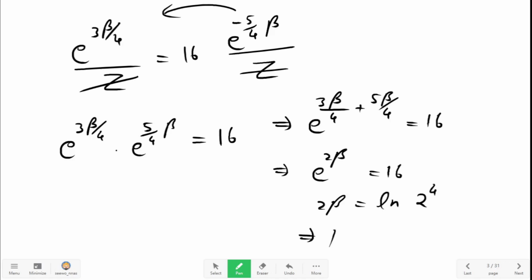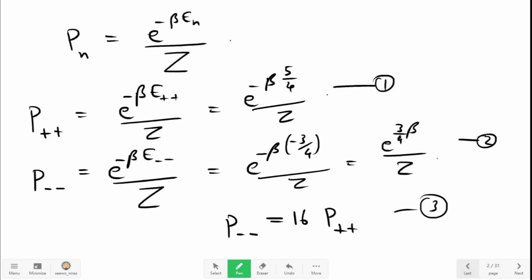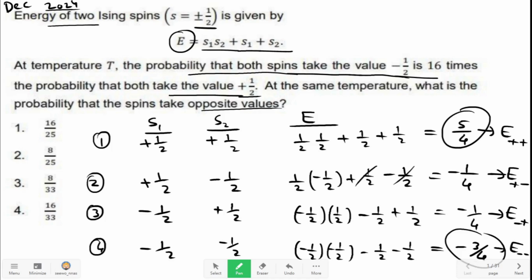From here beta is equal to 4 ln 2 divided by 2, which is 2 ln 2. So we have found the value of beta from the given information. Beta is coming out to be equal to 2 ln 2. Now we are asked, what is the probability that the spins take opposite values?